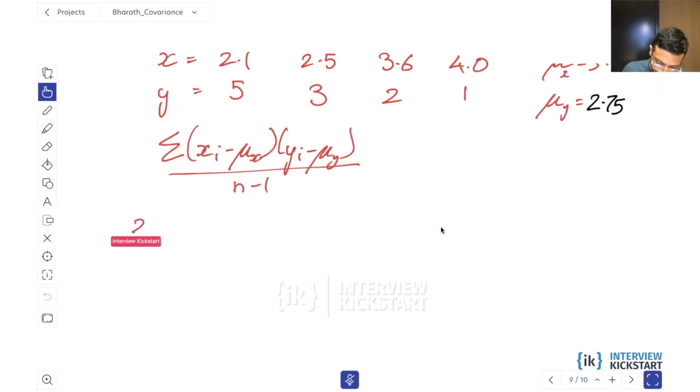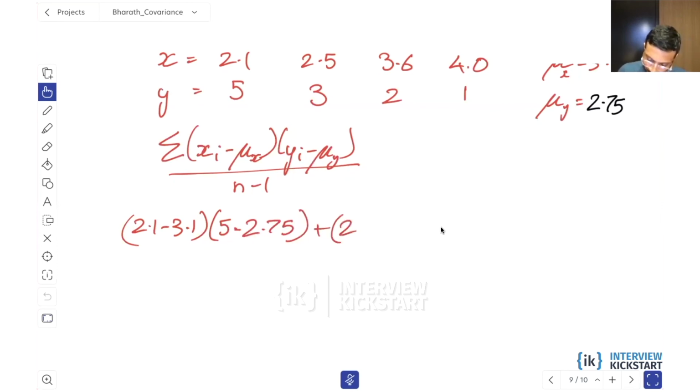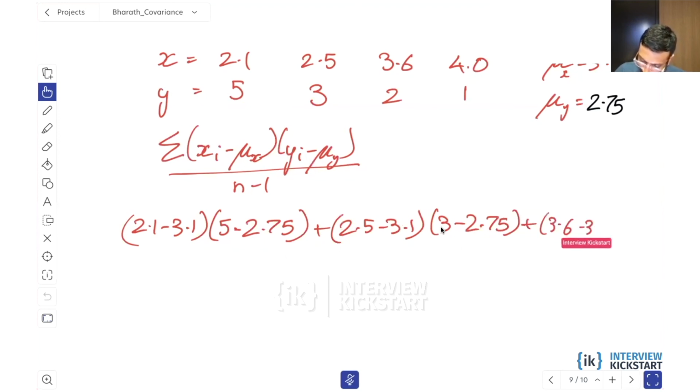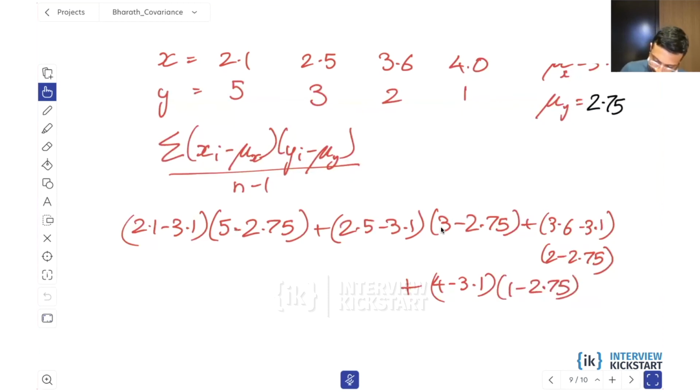That looks like 2.1 minus 3.1 into 5 minus 2.75, a slightly hard number to deal with, but let's just keep it as it is, plus 2.5 minus 3.1 into 3 minus 2.75 plus 3.6 minus 3.1 into 2 minus 2.75 plus 4 minus 3.1 into 1 minus 2.75. And this entire thing divided by 3.